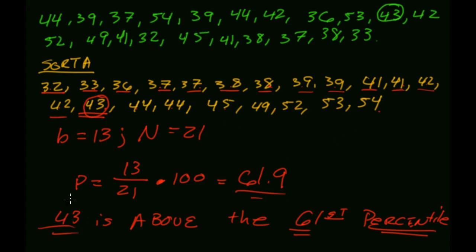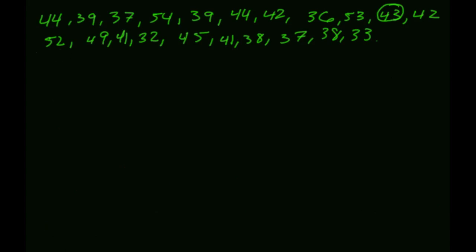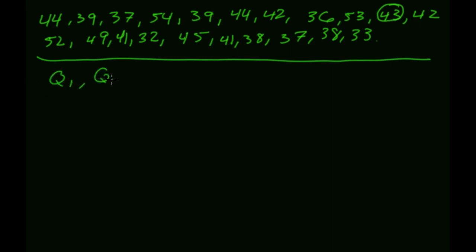All right, so that's working with percentiles. Let's move on to quartiles. I left my data set up here because I'm going to use it again in this lesson. Quartiles, listed as Q1, Q2, and Q3, are three values that break a data set into 4 parts, and each of those parts is 25% of the data.